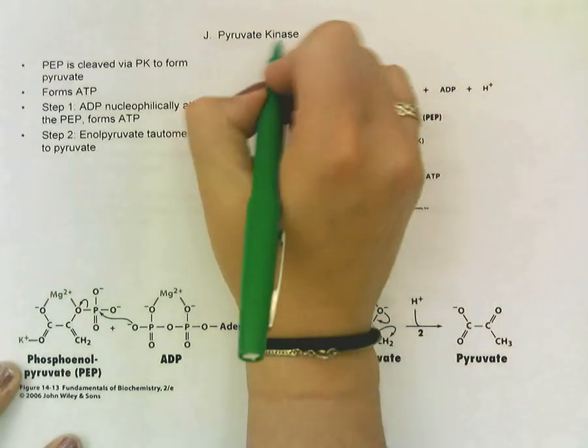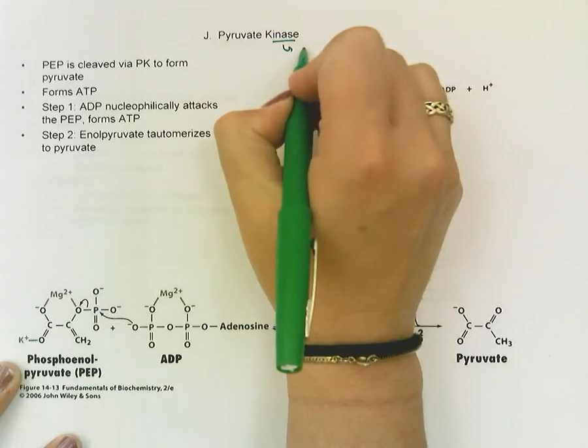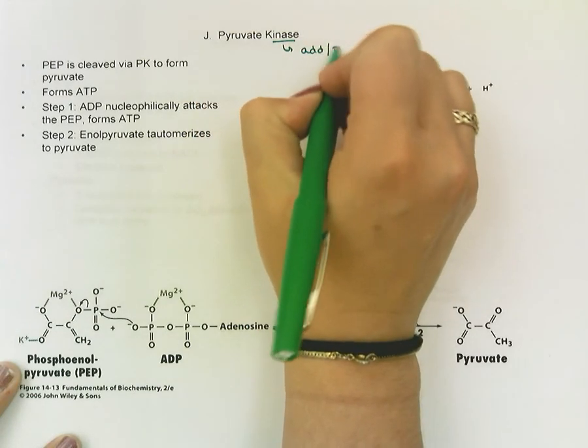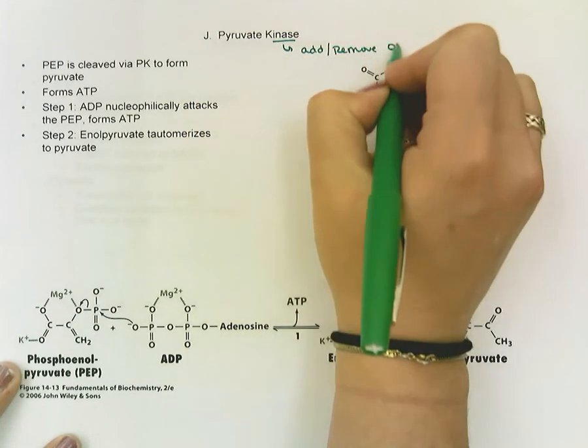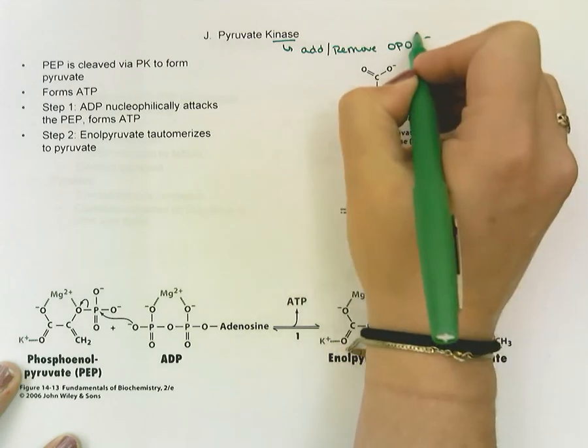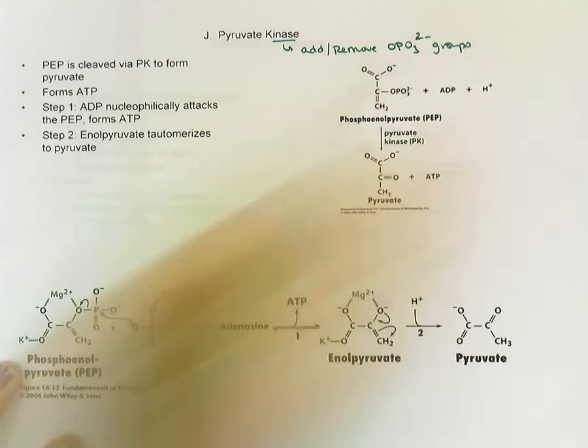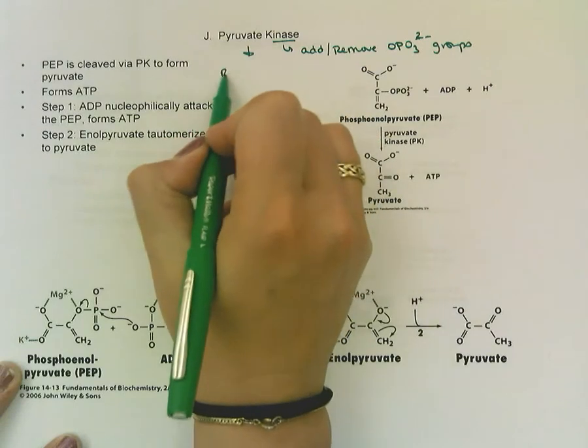Good. So again, kinases add or remove phosphate groups. In this case, it's removing.